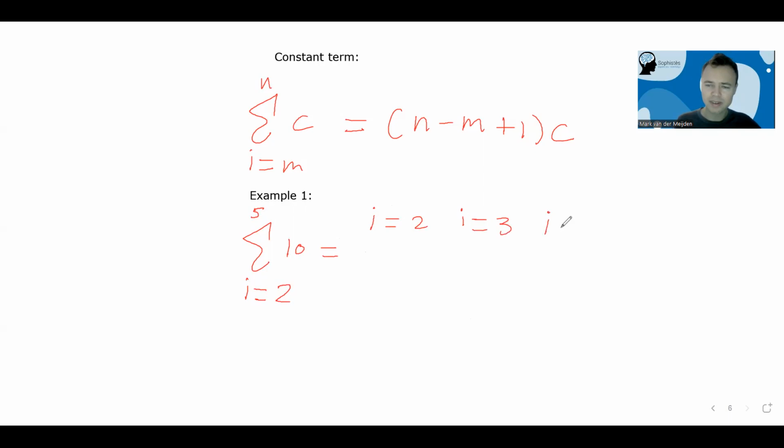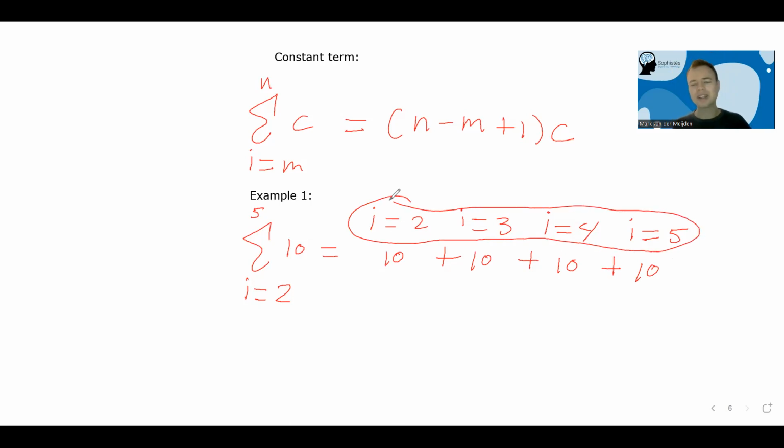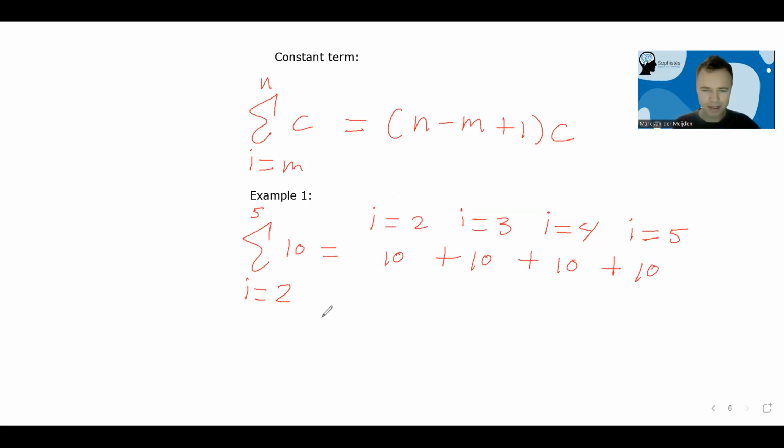And then the i will be 4. And then the i will be 5. And then the sign in between will be pluses. And then if i is 2, I get a 10. If i is 3, I also get a 10. If i is 4, I get a 10. And if i is 5, I get a 10, right? Okay. So I basically use the index to know how many 10s I get. Okay. So here I get 4 times a 10, which is 40.